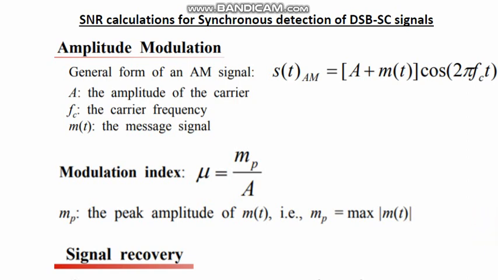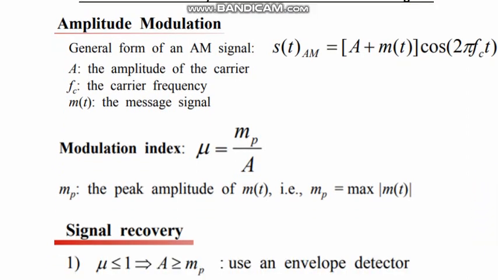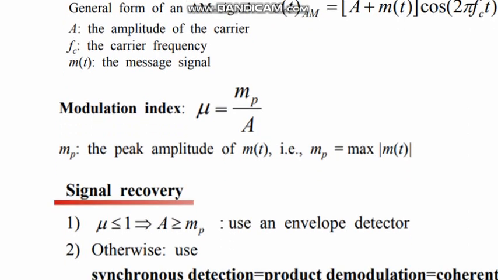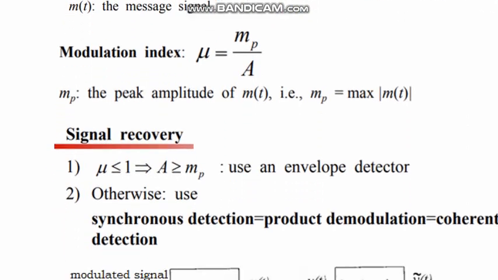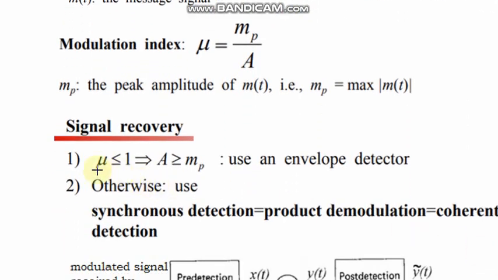Now we have to understand signal recovery. What is the signal recovery of an amplitude modulated wave? There are two different methods. The first condition is if the modulation index mu is less than or equal to 1.